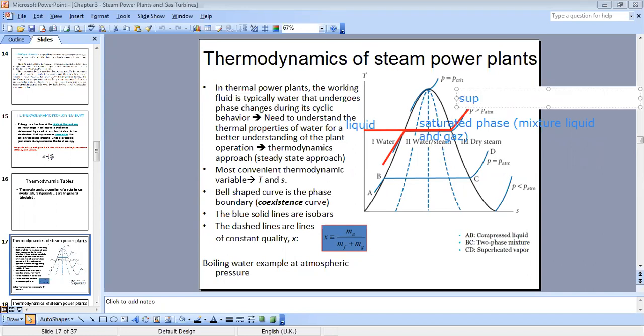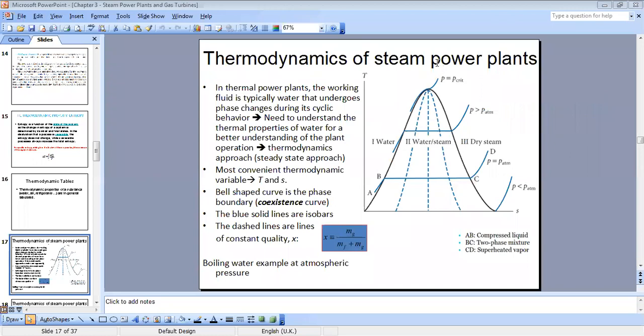Okay, in the superheated zone you have 100% steam. Okay, now as you can see here, let us clear this because now it's not okay.